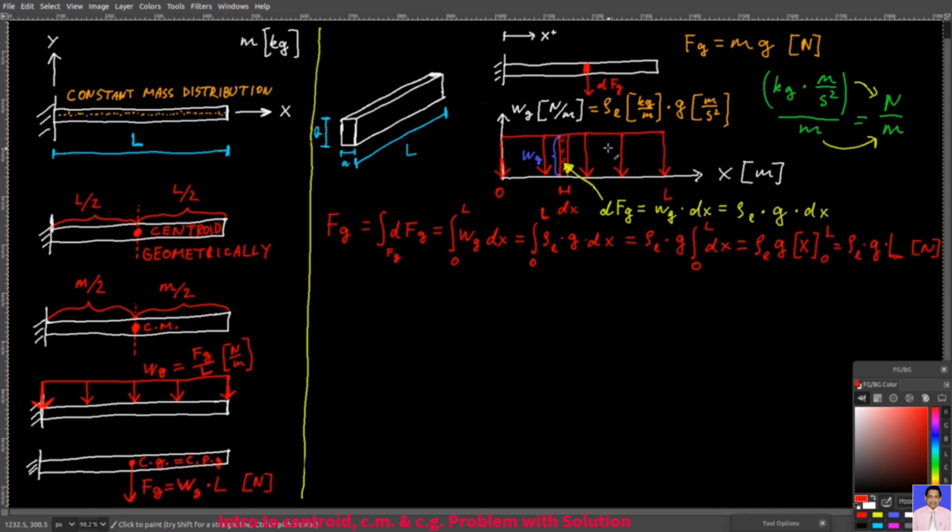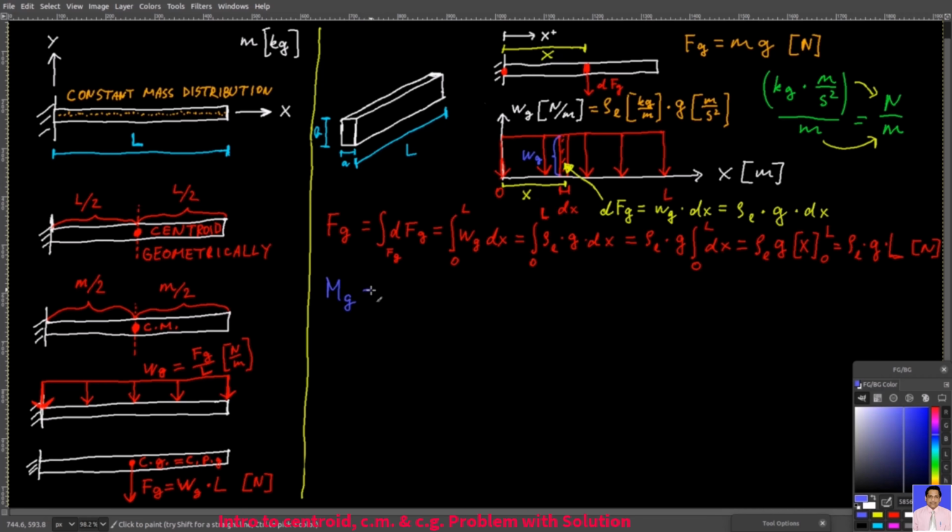And then you calculate the moment due to this distribution about this point at the beginning of the beam. For that, you need a moment arm, which is the distance between the beginning of the beam and the differential force element. And so here as well, this would be the moment arm.